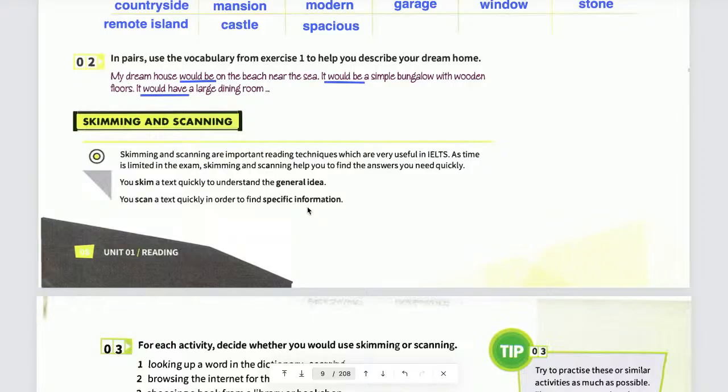So you have to skim quickly to figure out the location, to get the general idea. And then you know, okay, from this paragraph, the answer should be there, right? So you scan, that means you also have to read very quickly, but you read in detail. You read in detail, not too fast anymore, but it's still fast, but you read in detail and try to understand everything completely. Okay?